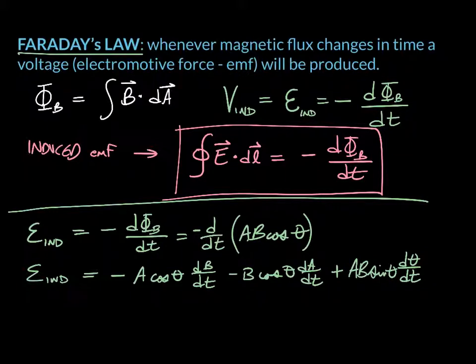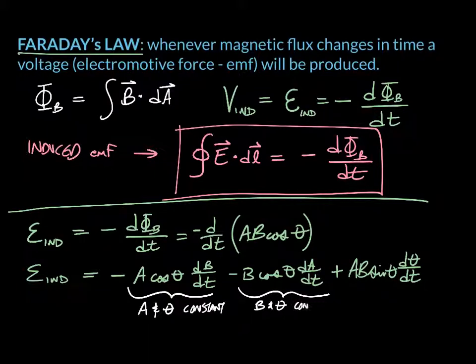All right? So this term right here, okay, this is where area and angle, meaning what is the inclination of your loop to the flux field, to the magnetic field, okay, are constant in this one. The magnetic field and the inclination of the loop to that field are constant in this one.